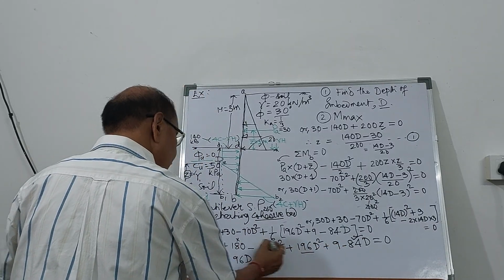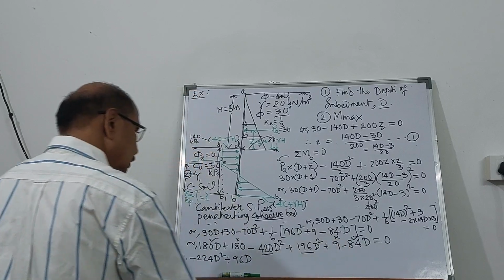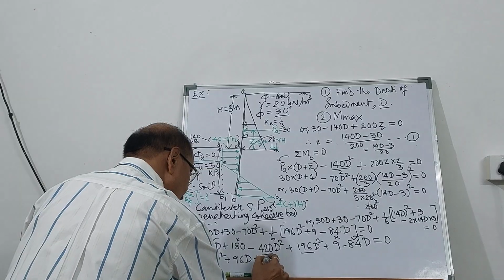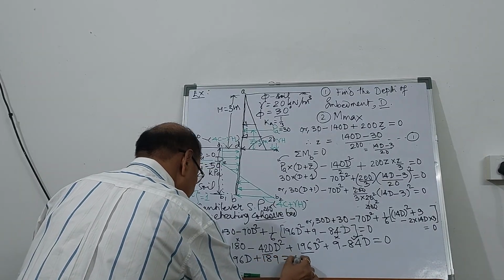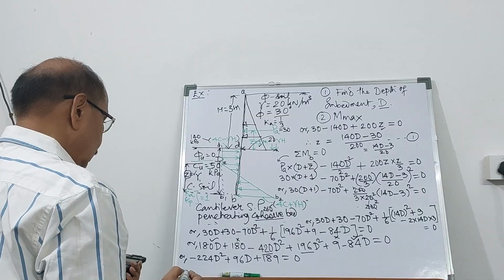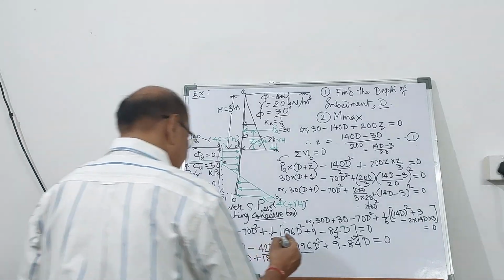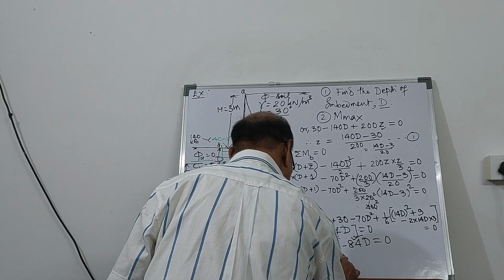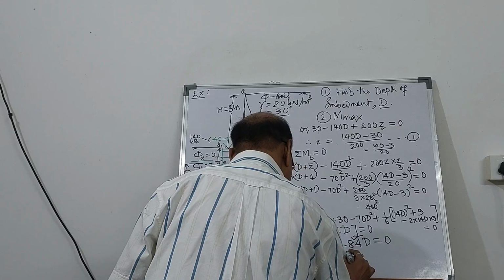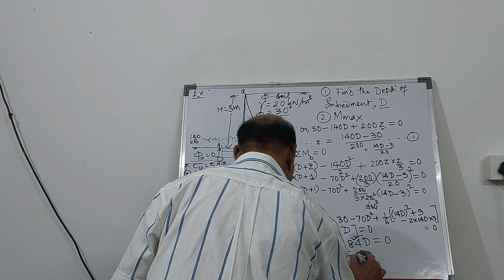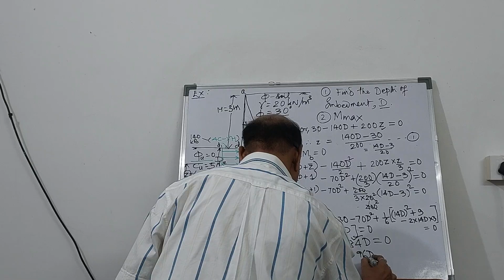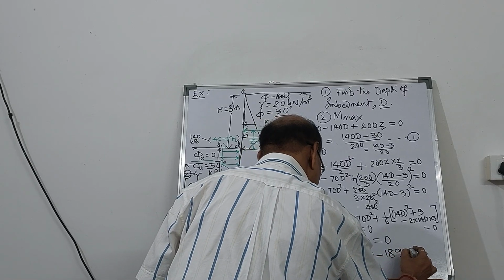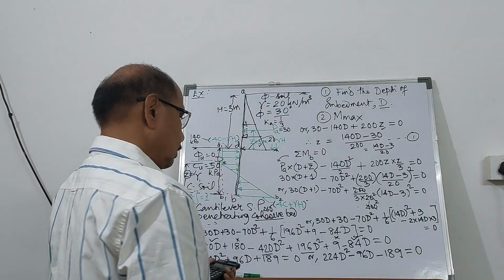So finally this one and this one, plus 189 equal to 0. Or we can write it that 224 d square minus 96 d minus 189 equal to 0.